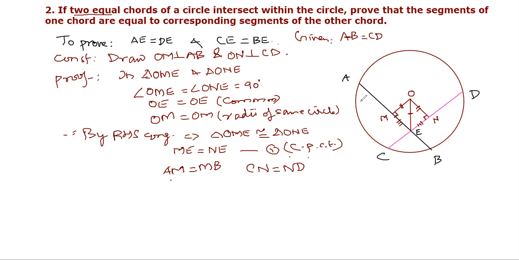Half of AB is equal to half of CD, given. Half of AB is MB, and half of CD is NC.